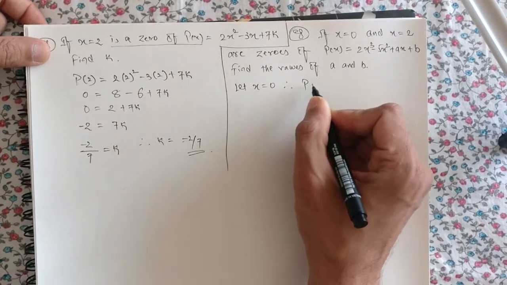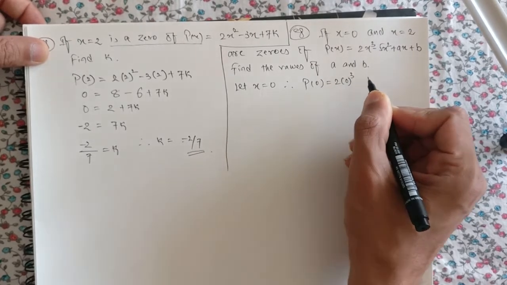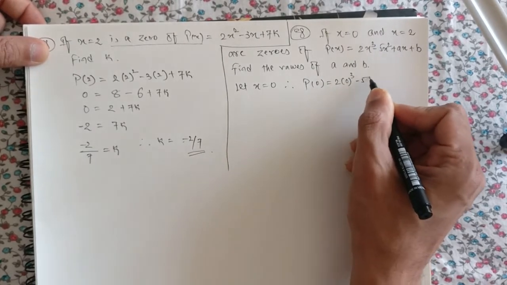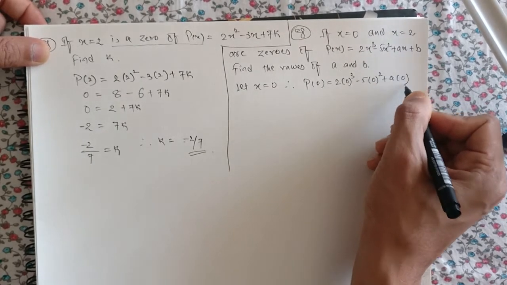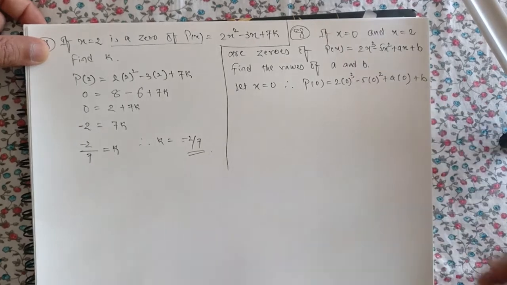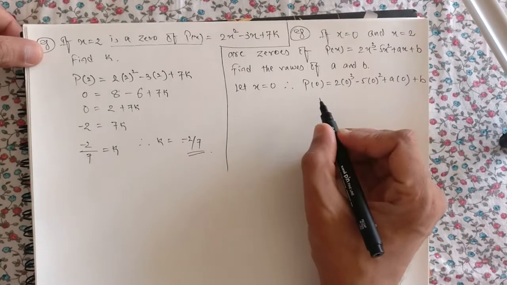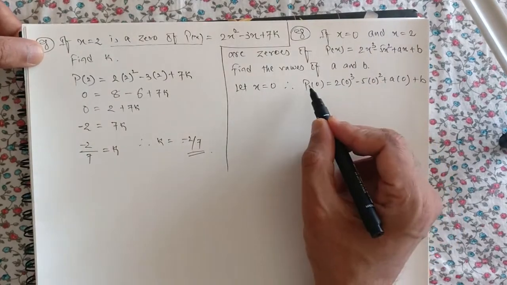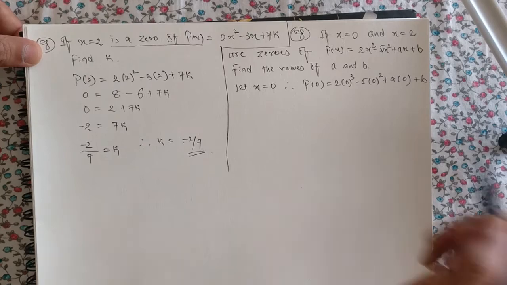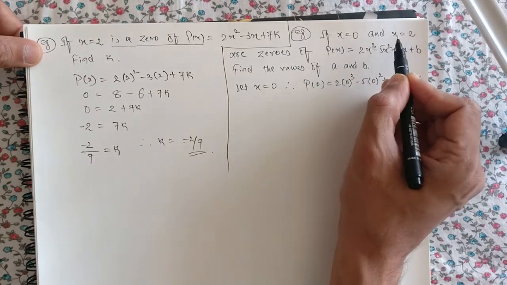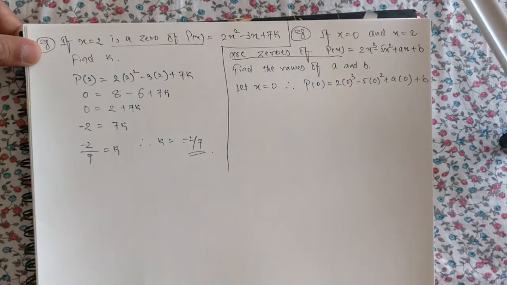Therefore, p of 0 is 2 into 0 cube minus 5 into 0 square plus a into 0 plus b. So wherever there is x, I put 0, and if I put x is equal to 0, what will the value of this polynomial become? It will become 0, because x is equal to 0 and x is equal to 2 are the zeros of p of x.